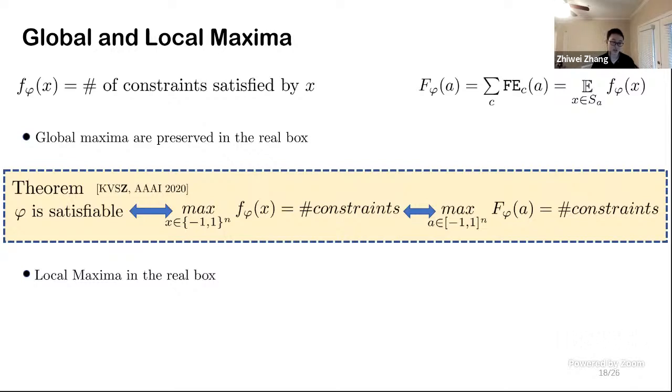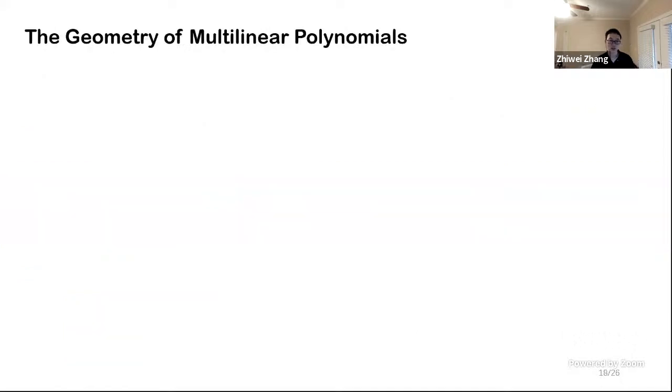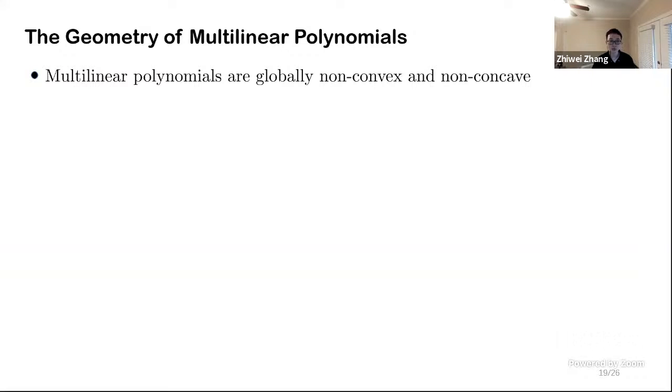But it's not always realistic to converge to a global maximum. So we have to consider the case where we go to a local maximum. Can we say anything about local maxima? To answer this question, we need to study the geometry of multilinear polynomials. Multilinear polynomials are globally non-convex and non-concave, which is not useful for optimization.